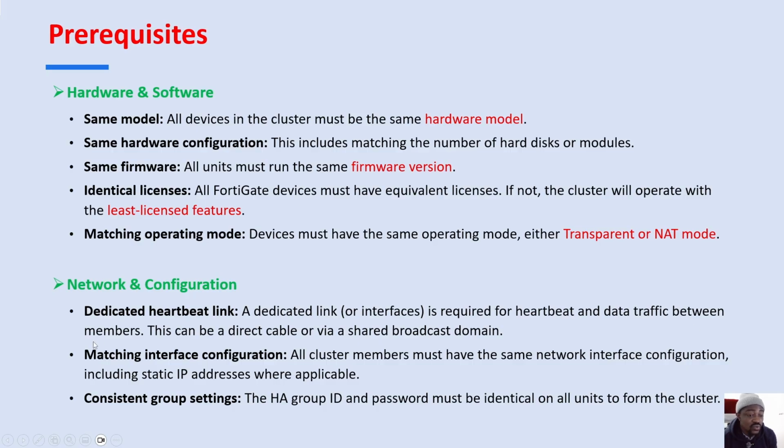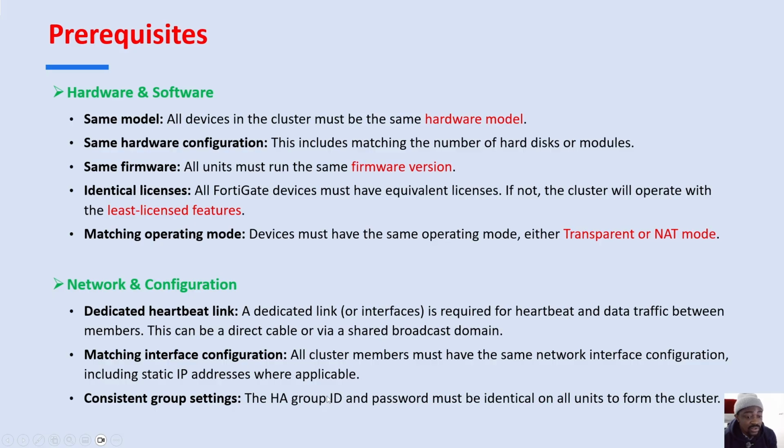You also have to get matching interface configuration. As we said, ideally you need FortiGate devices that have the same model and the same physical hardware configuration. If your FortiGate has, let's say, 10 Ethernet interfaces, and you are configuring static IP addresses on some interfaces on FortiGate 1, you need to do the same on FortiGate 2.